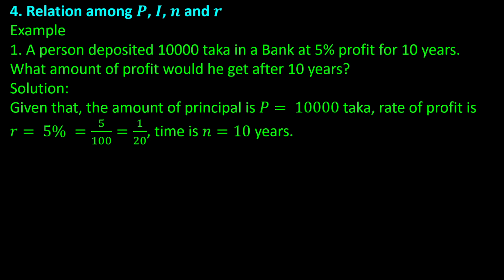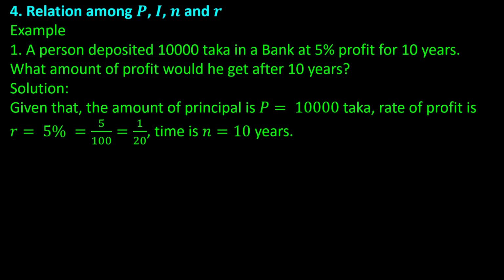Again, the rate of profit is R equals 5%, and 5% can be written as 5 by 100, which means 1 divided by 20. And we also get the time, N equals 10 years from the question.